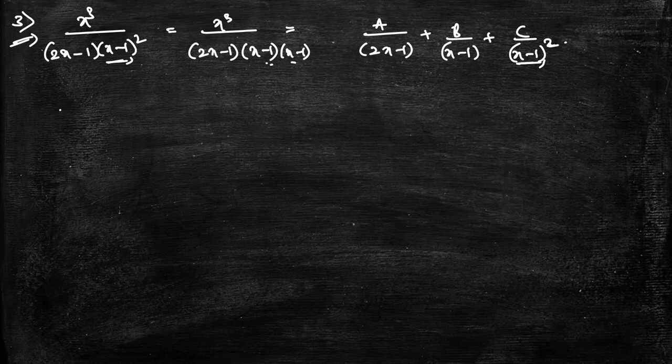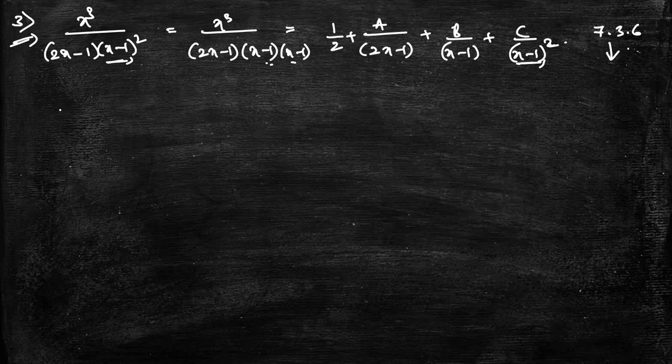Now here I will add 1 by 2. Why am I adding 1 by 2? You will find it in the solved problems of 7.3.6. The solution says the given fraction is improper, with the degree of the numerator equal to the degree of the denominator. So note that here x cube is equal to 1 by 2 into that, so I took 1 by 2 to find the solution.